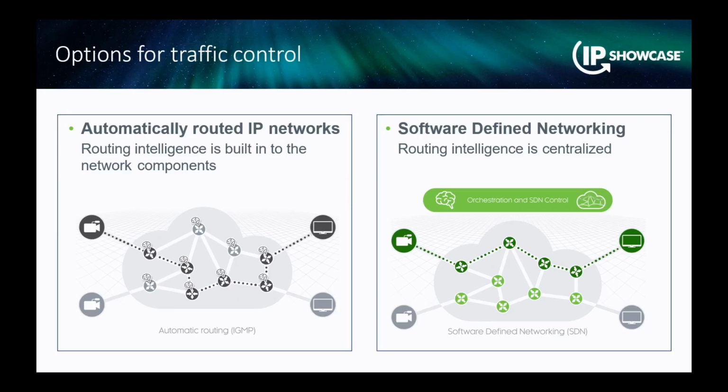Now I'm showing some networks here that are a bit more meshed and larger, but we have 2 main mechanisms for routing signals in a network for multicasting. One I call automatically routed network. That's the classical way of routing traffic in an IP network. This is where the intelligence of the routing really sits in the routing tables in each and every device, each and every network switch.